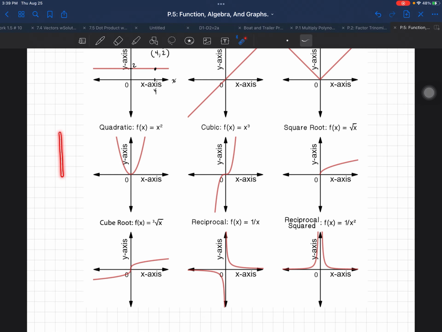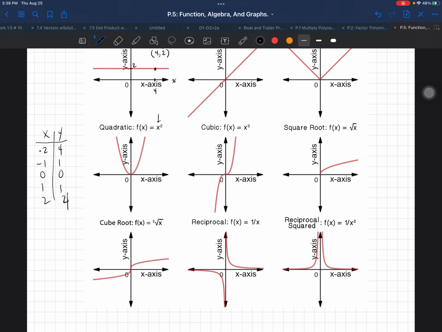So what we can do here to be able to sketch this is think about creating tables and plugging in different values, x and y. So we can plug in, for example, -2. When you plug in here, that gives you +4. When you plug in -1, -1 times -1 is +1. When you plug in 0, you get 0. 1, you get 1, and then 2, and you get 4, and so on.